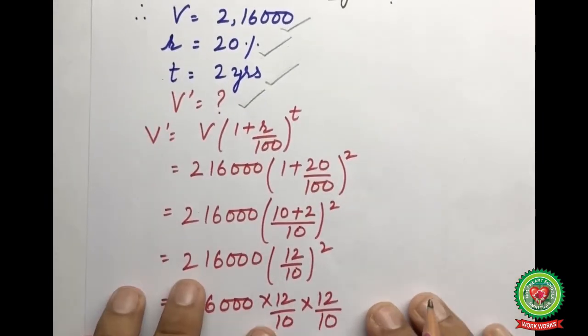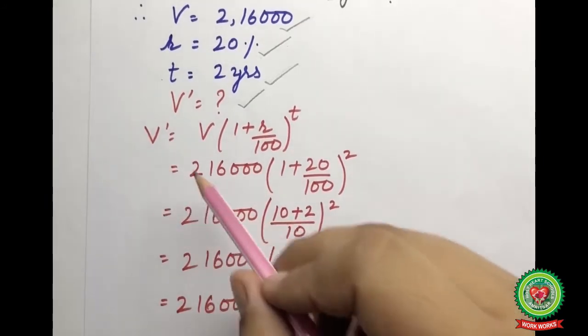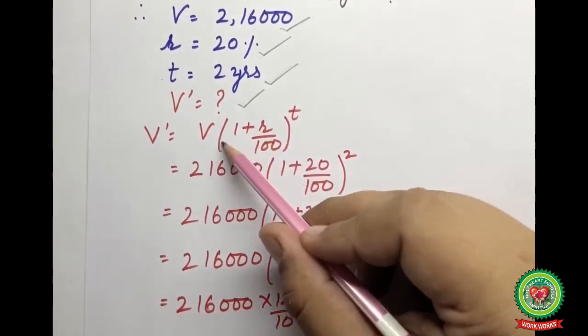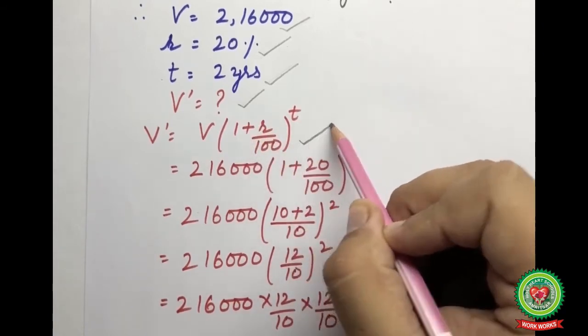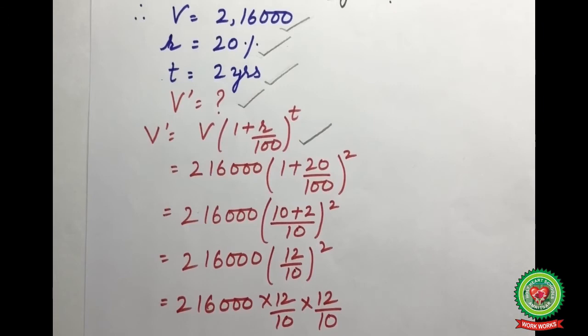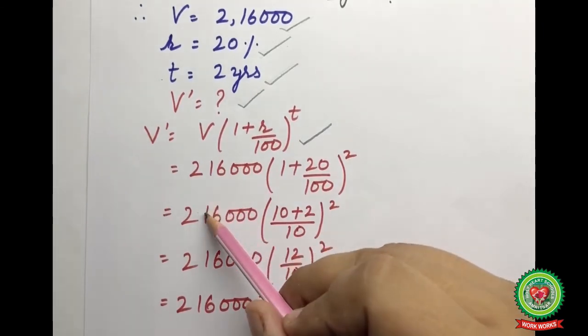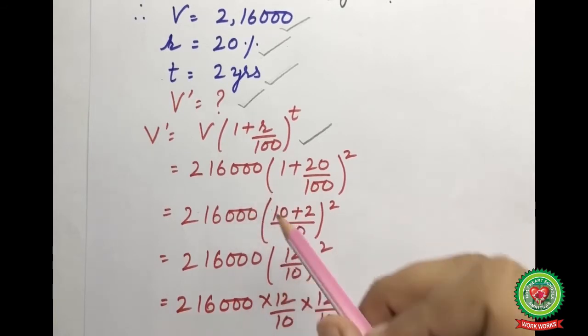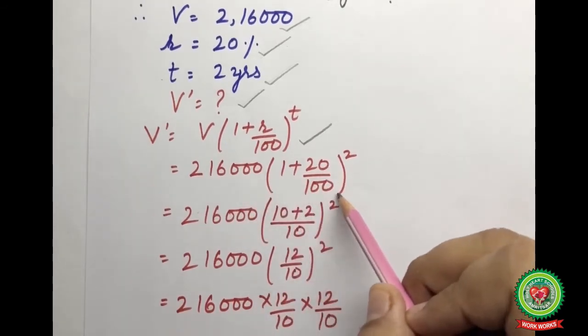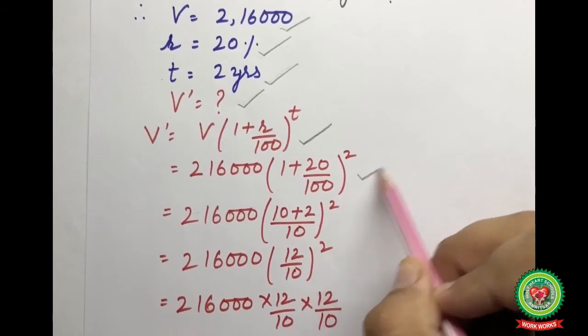Now we have applied the formula of growth, that is V dash is equal to V bracket 1 plus R upon 100 raised to power T. Now we have substituted the values. So after substituting, we get 2,16,000 bracket 1 plus 20 upon 100 bracket close raised to power 2.